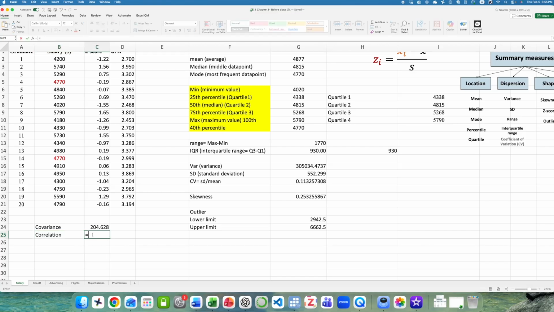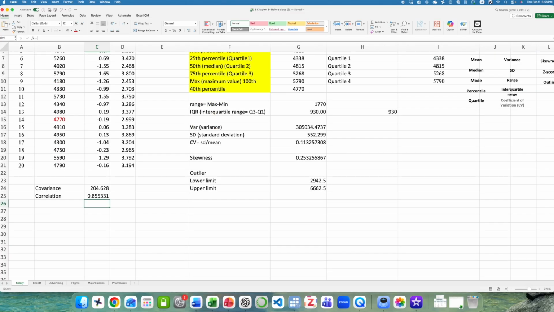So in order to calculate the correlation, you use the correl function, give the first array, comma, second array, and it basically gives us the intensity of this relationship. It is still positive, and it means that there is a strong positive association between monthly starting salary and the GPA.